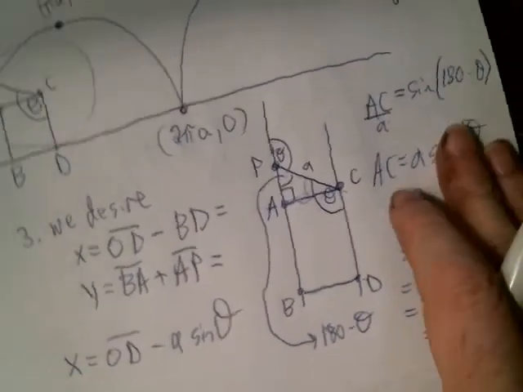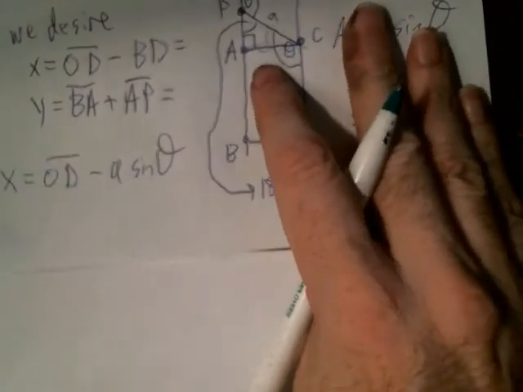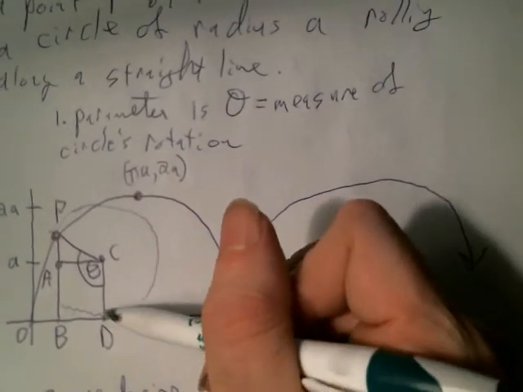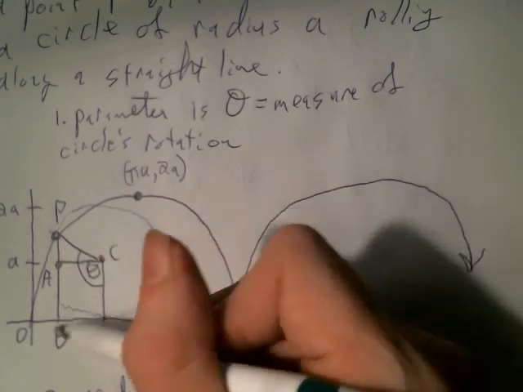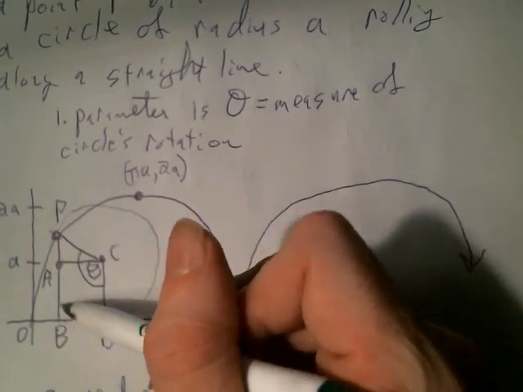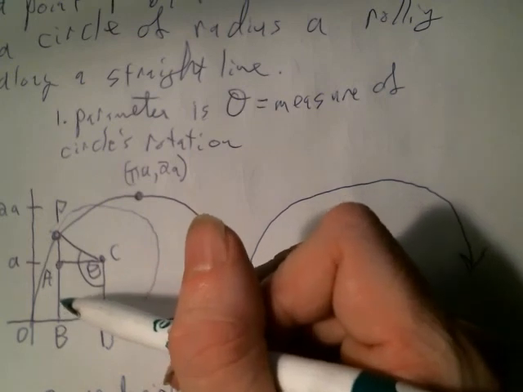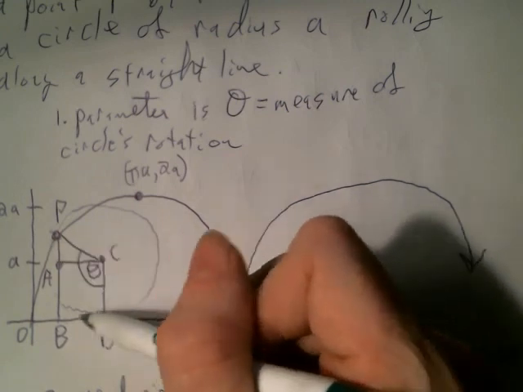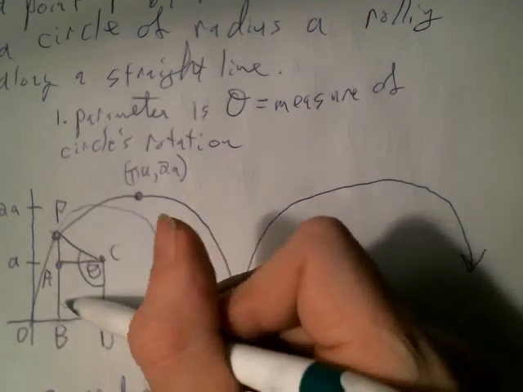What else? I need that OD formula. So to get the OD formula, I note that this distance here is the same as this distance because of that unraveling that happens. This picture isn't really scaled correctly, so it looks like this is longer than this, but they're actually the same distance.